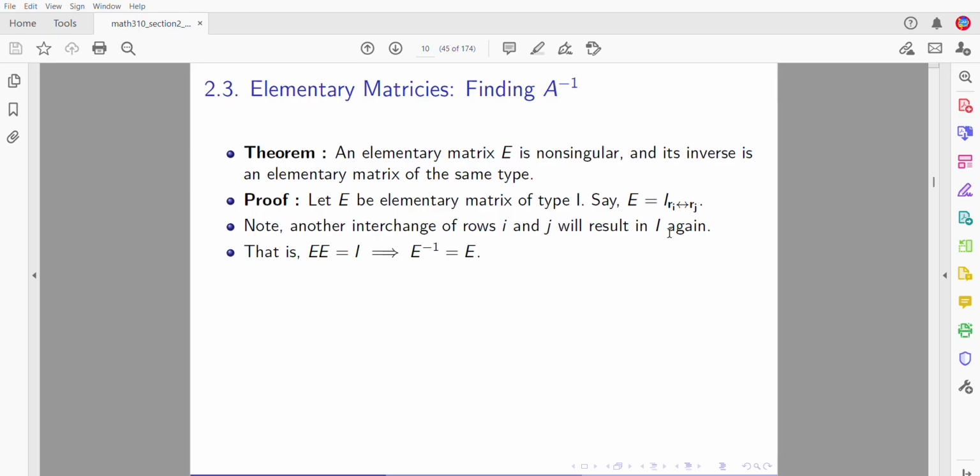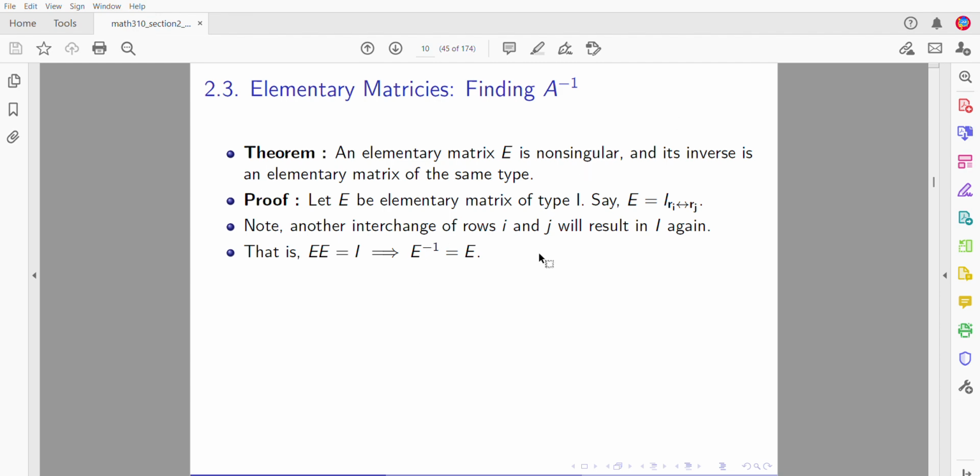E is that matrix which you get by interchanging row i and row j. Apply E again, you get back identity. E times E is identity, which means the inverse of E is E. In other words, E is not only non-singular, its inverse is the same type.